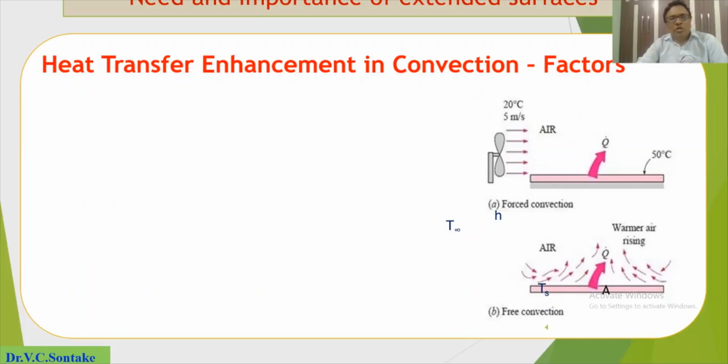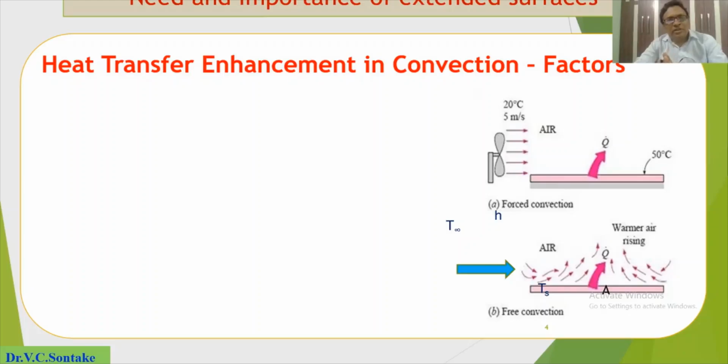We also know convection is of two types: free convection and forced convection. In free convection, heat transfer takes place between solid surface and fluid by virtue of temperature difference only. The driving potential in case of free convection is temperature difference only.